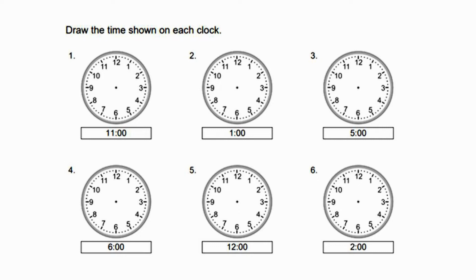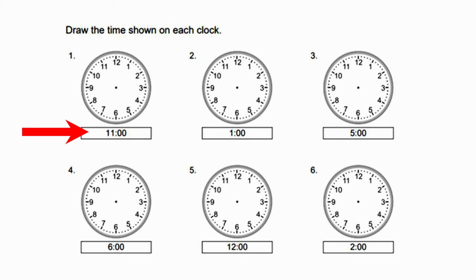One needs to be long, which would be the minute hand, and one needs to be short, which would be the hour hand. So let's look at number 1. I have here 11 o'clock. So this here means 11 hours. Same thing, 11 hours or 11 o'clock will be the same on the clock.